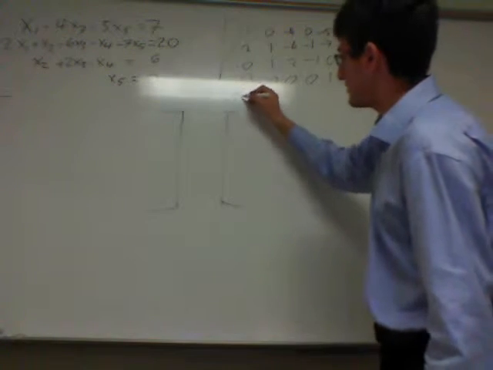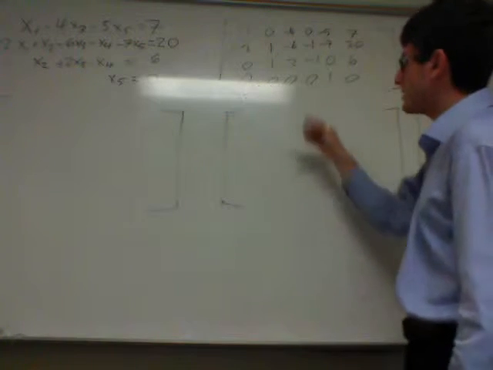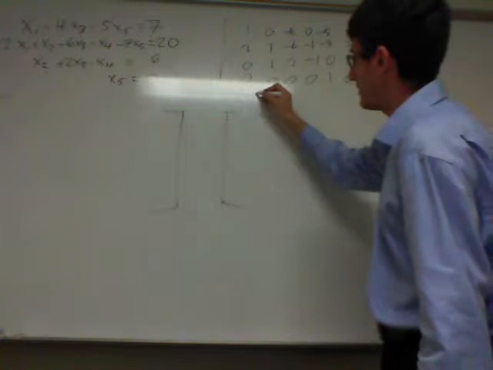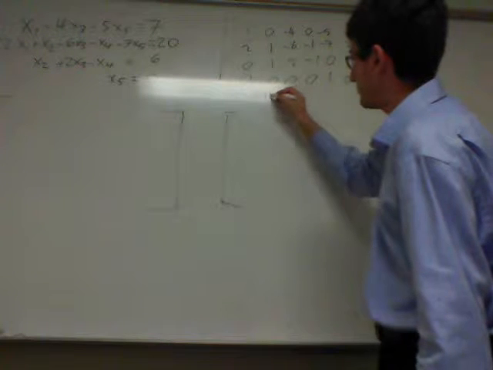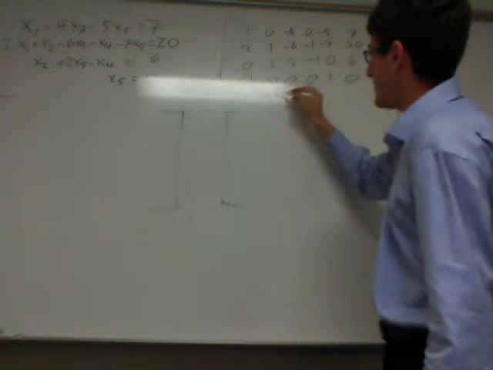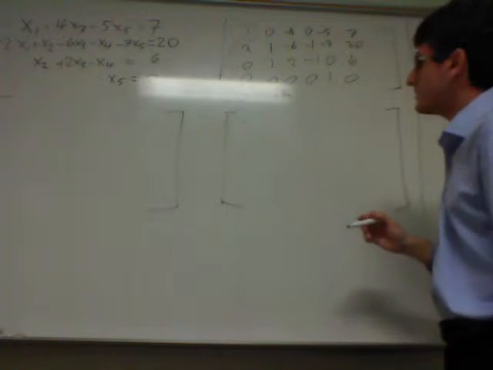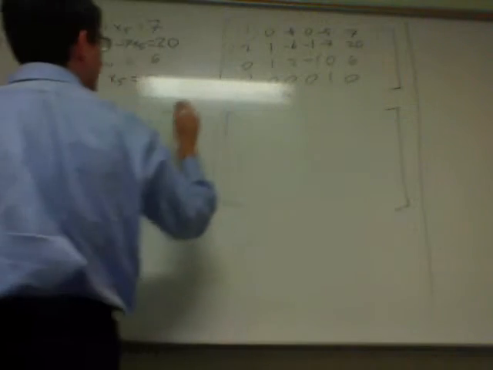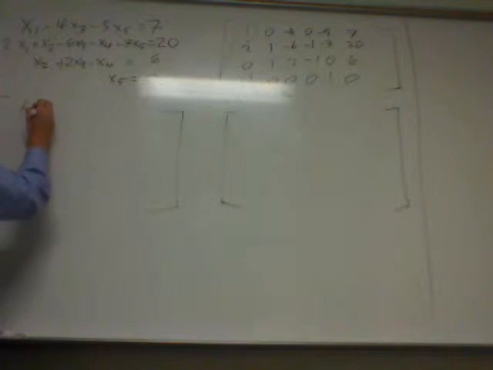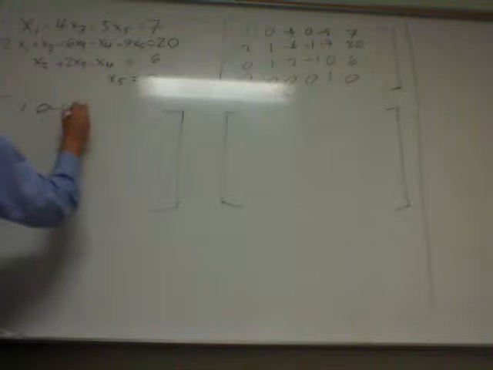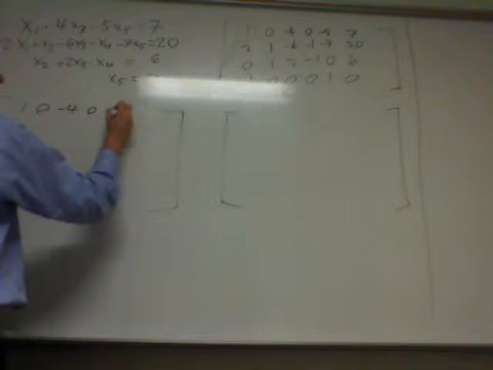So we set the second row equal to the first row multiplied by -2, added back to row 2. And this will be set as 1, 0, -4, 0, -5, 7.